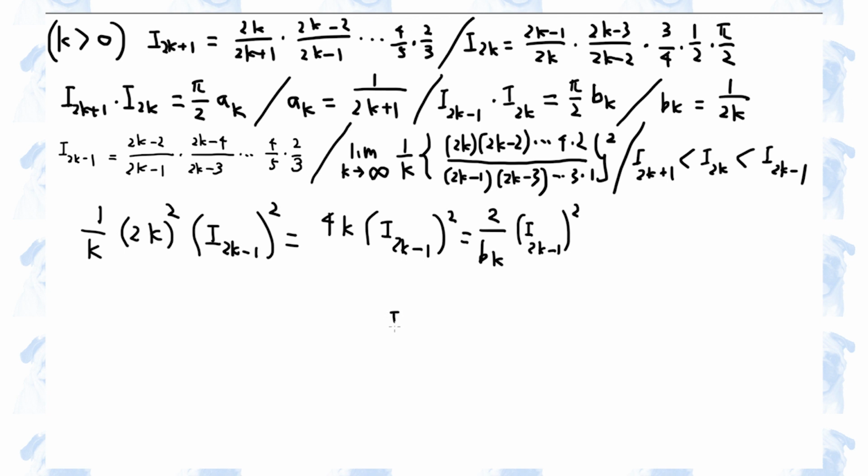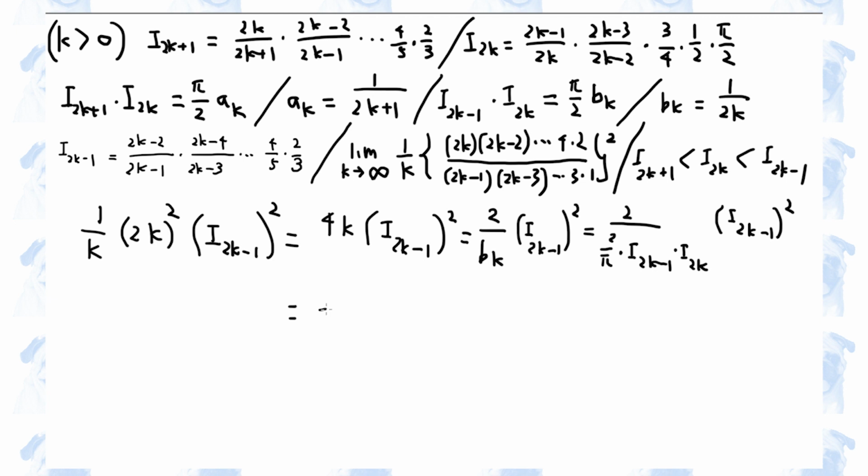And because I sub 2k minus 1 times I sub 2k is equal to pi over 2 times b sub k, b sub k is equal to 2 over pi times I sub 2k minus 1 times I sub 2k.